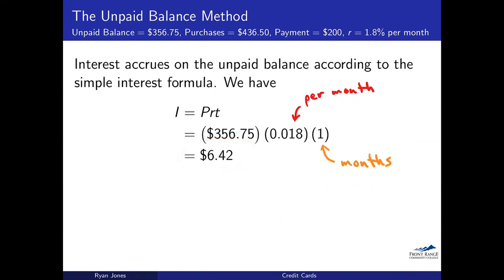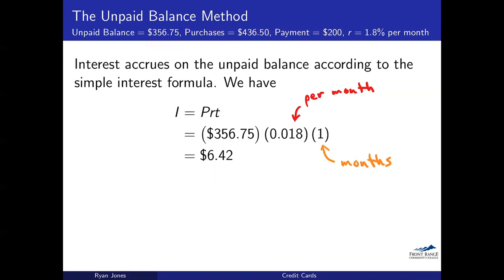And so what the unpaid balance method says is, all right, you owed $356.75 at the beginning of the month, but we're going to add $6.42 at the start of the next month because you haven't paid us back yet. So, let's just for a second forget about the purchases and the payments that he made. This just says, hey, you owed $356.75 on April 1st.